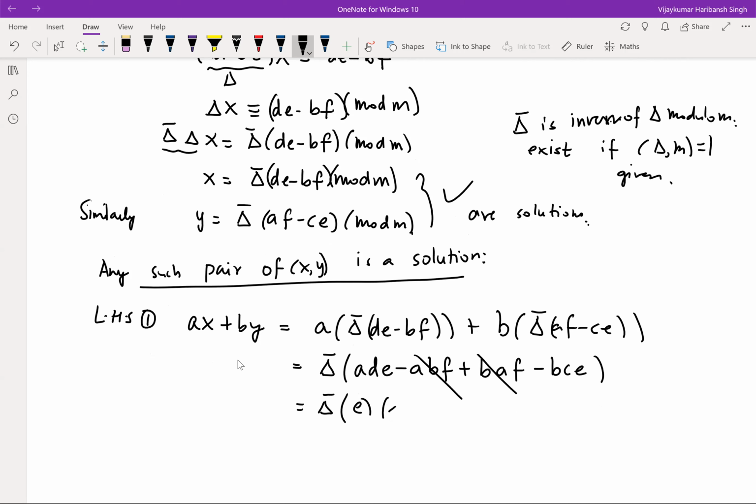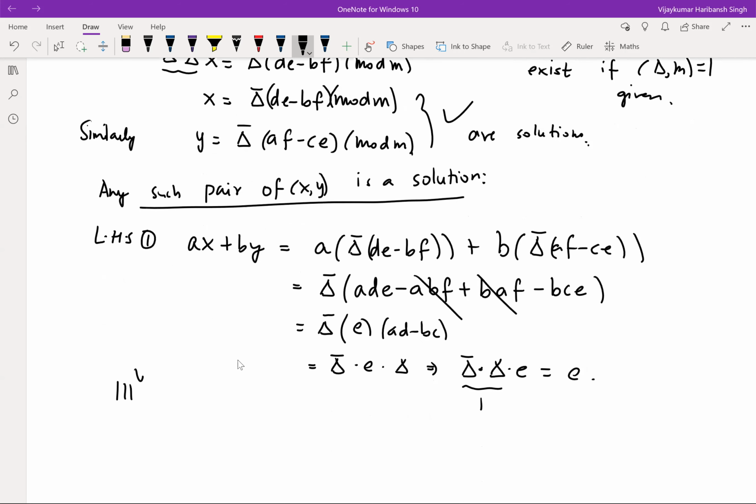You have AD minus BC, which is delta, times E. And then by the commutativity of integers modulo m, you can see that delta bar times delta will become 1, so you get E. So it satisfies. Similarly, we can show that equation 2 is also satisfied.